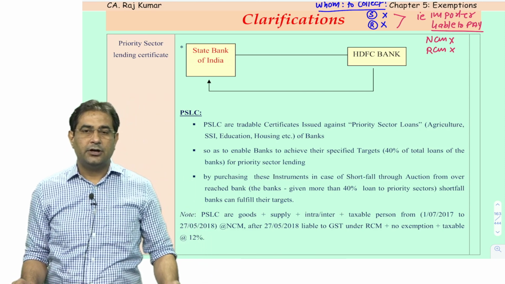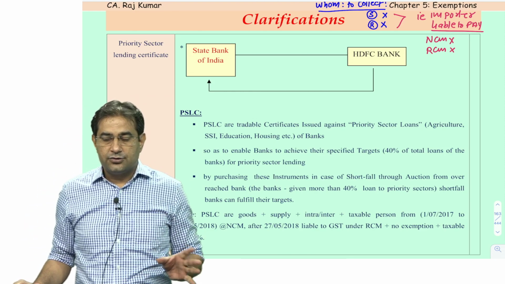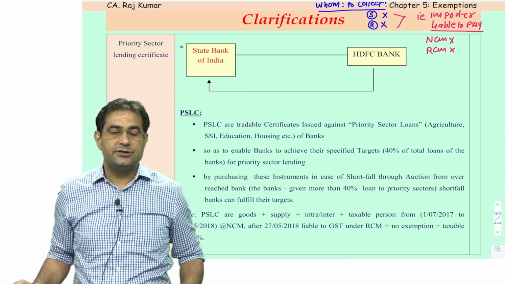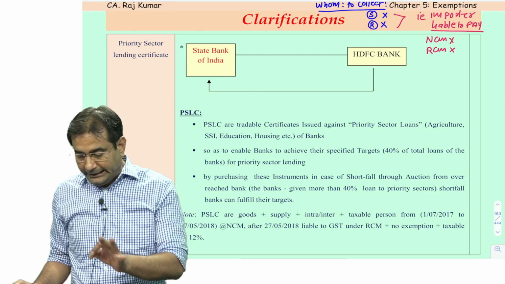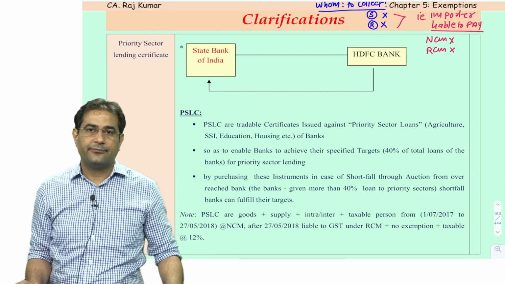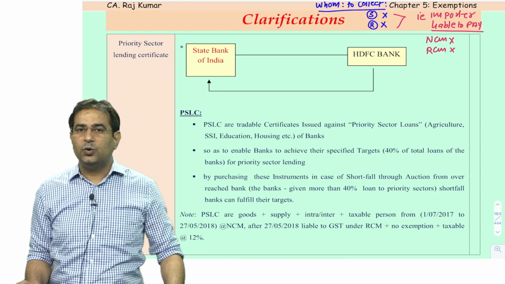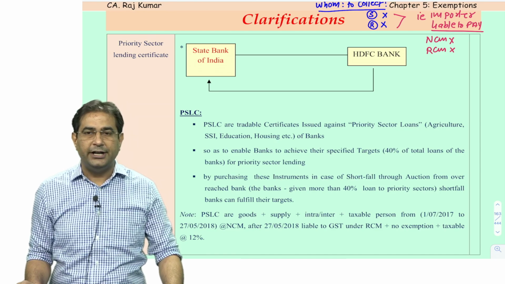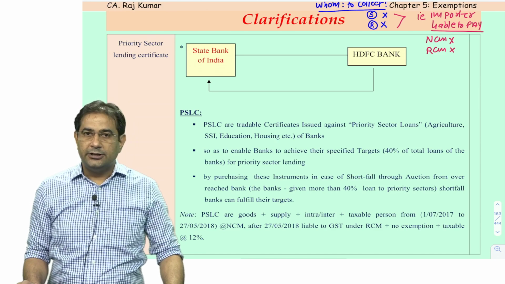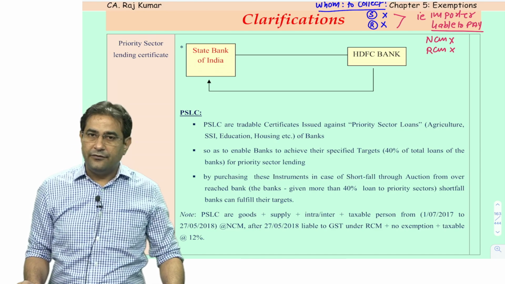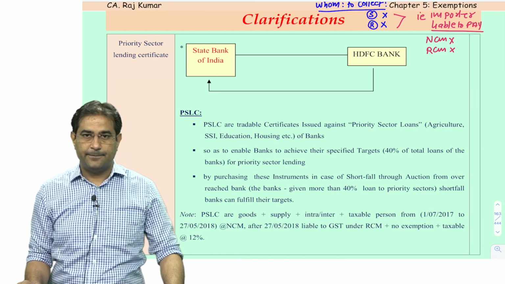That is, if the total lending of the bank is 100 crore, then 40% of it, that is 40 crore, needs to be lent to priority sectors. And if any bank is not able to achieve the target of lending at least 40% to priority sectors, then the bank has to face a huge penalty from the Reserve Bank of India.